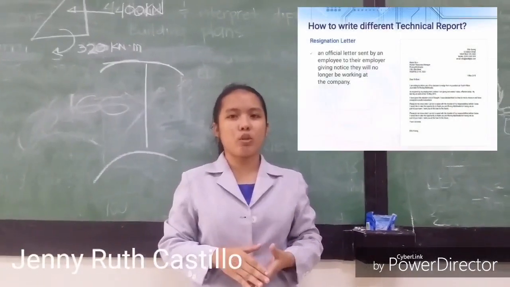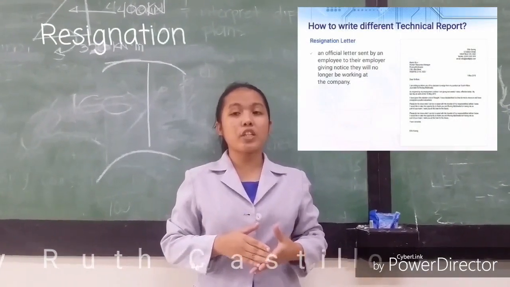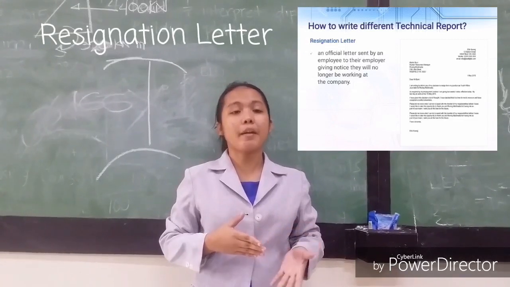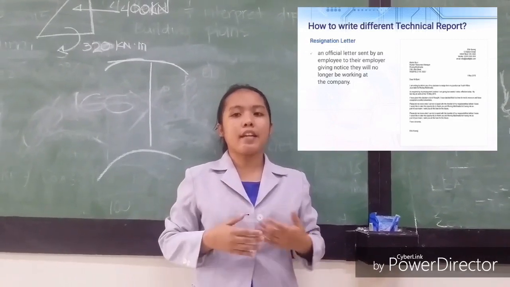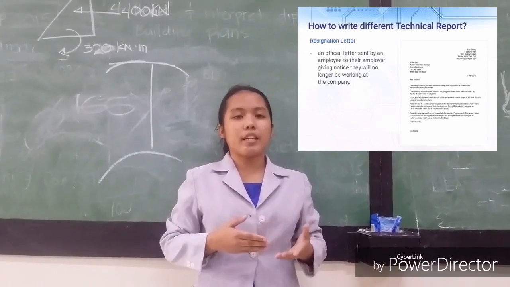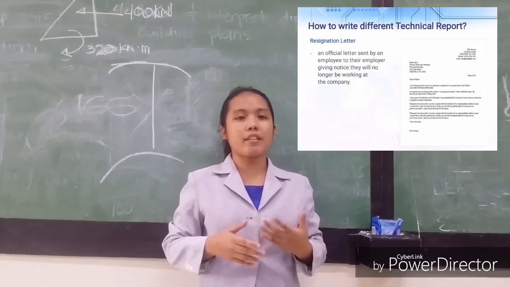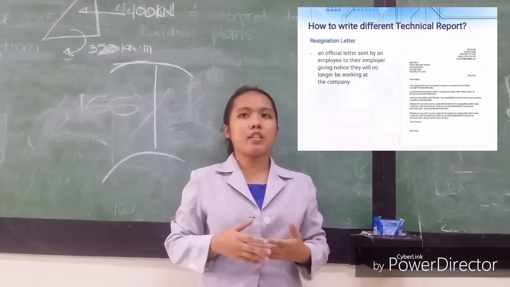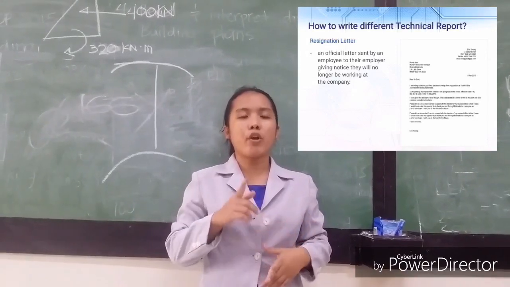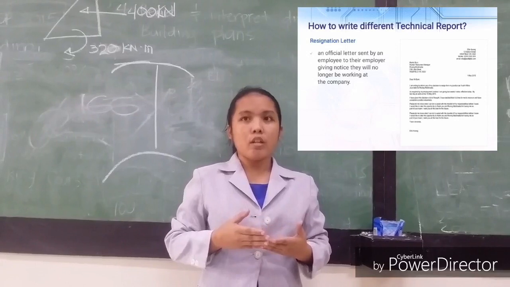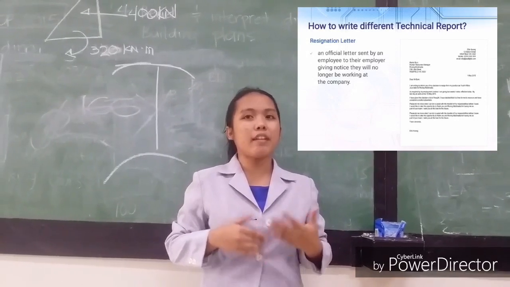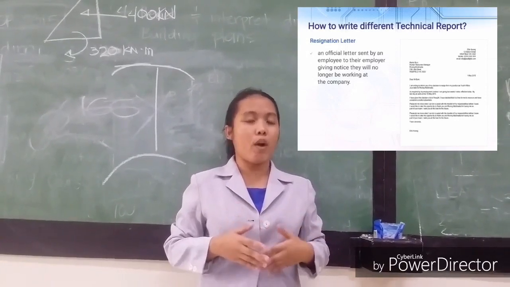Example is resignation. Resignation is an official letter given by the employee to their employer that they are no longer working in the company. So, before we jump into how to write a resignation letter, there are some things to keep in mind. First, it is important to remember that writing a resignation letter is good karma. Why?